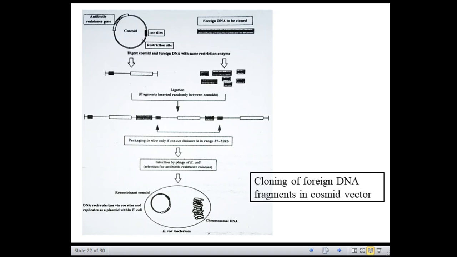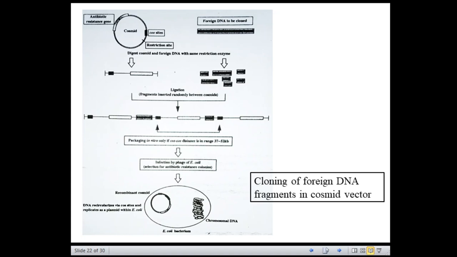Since the cosmid is very small, inserts of about 40 kilobase pairs in length will be most readily packaged, so you can stretch up to 40 kilobase pairs.